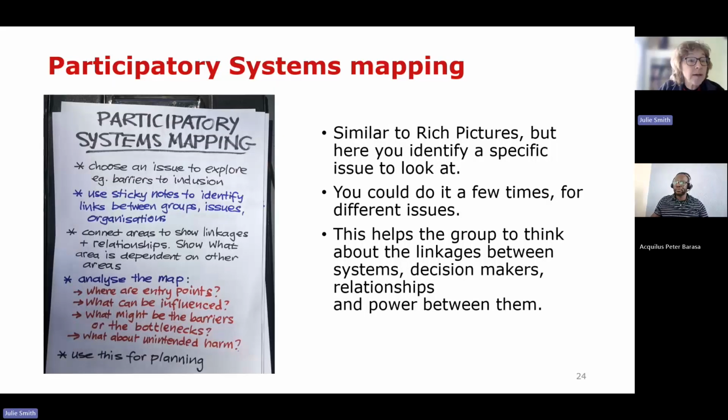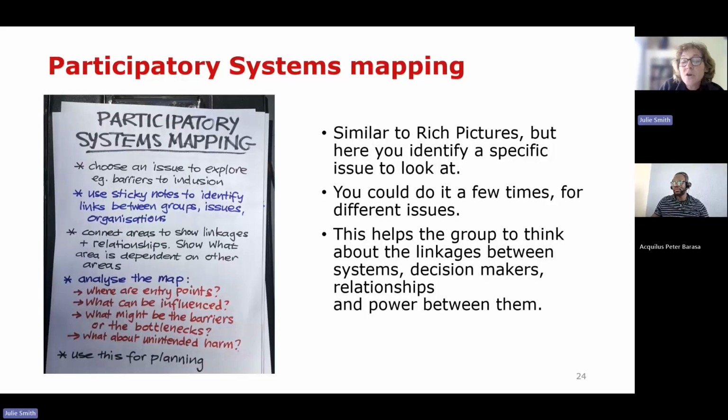The next one is called participatory systems mapping. Well, that sounds very important and big. So it's a bit like the rich picture one, but here you're asking people to think about a specific issue to look at, whereas with the other one you were saying, just draw what's out there.